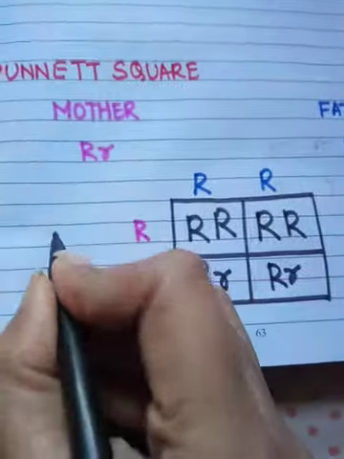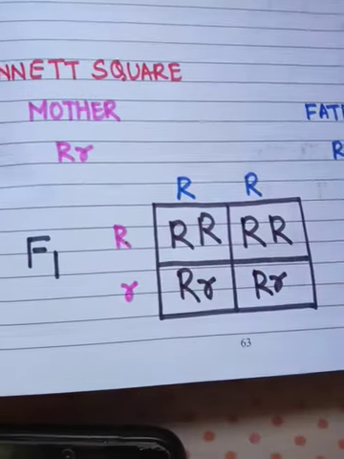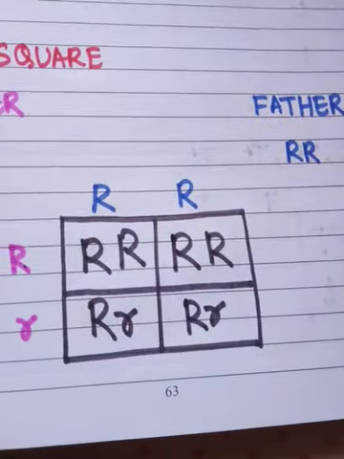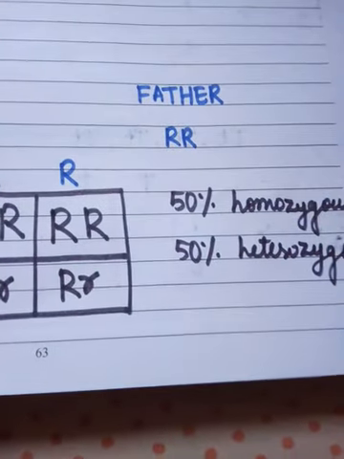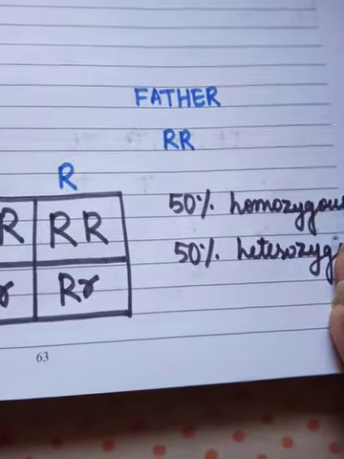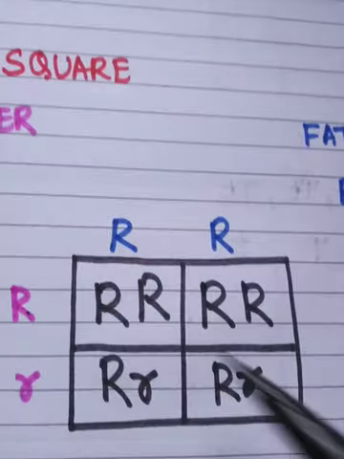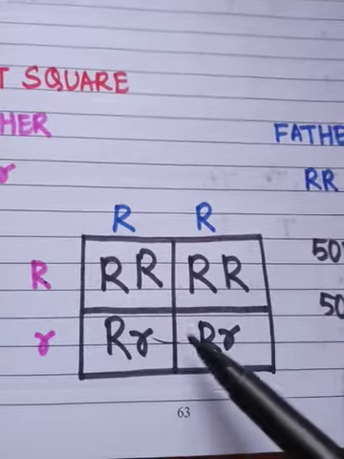This is only for the F1 generation, that means the first generation. So the outcome here is 50% homozygous dominant and 50% heterozygous dominant. You can see the possible combinations, how it came. All will be rollers.